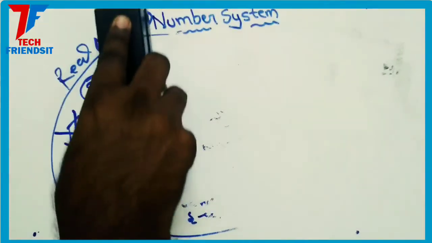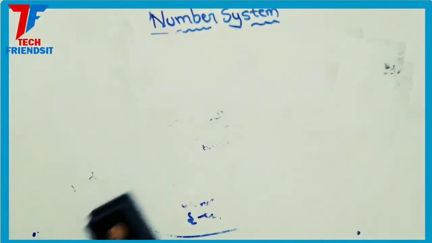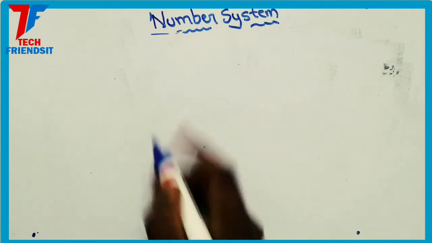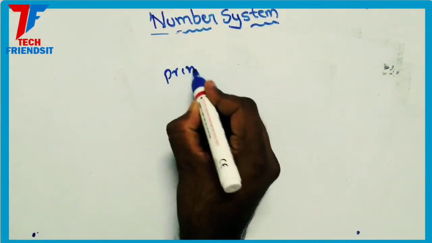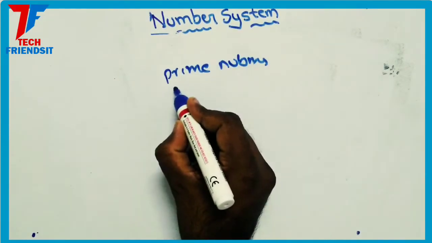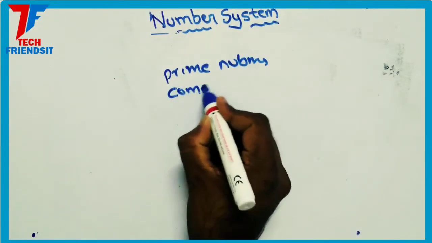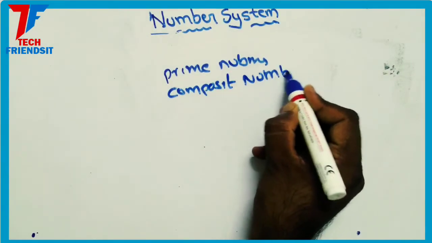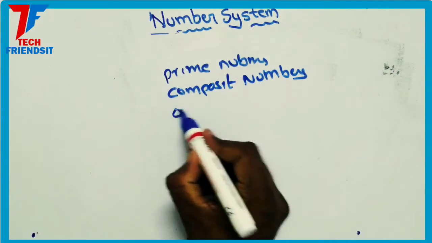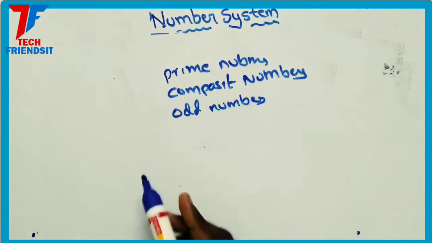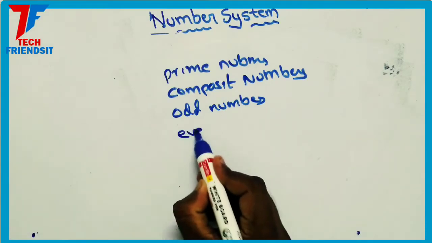In this number system we have some more numbers called prime numbers, composite numbers, odd numbers, even numbers.